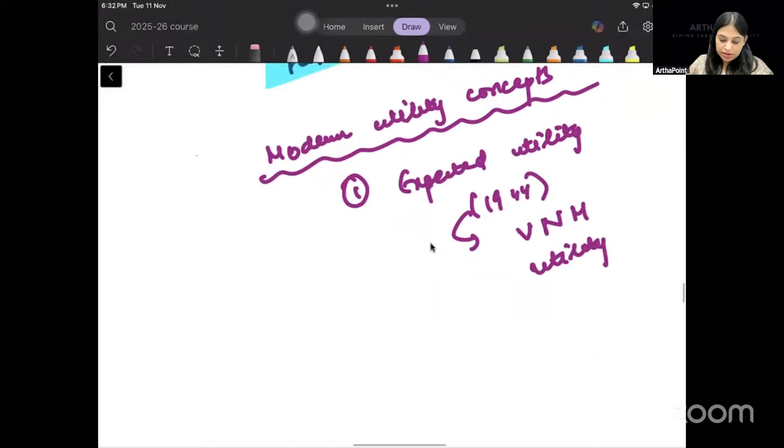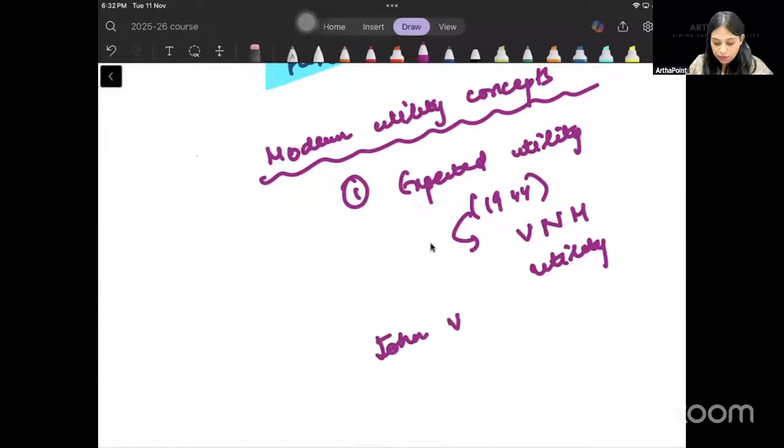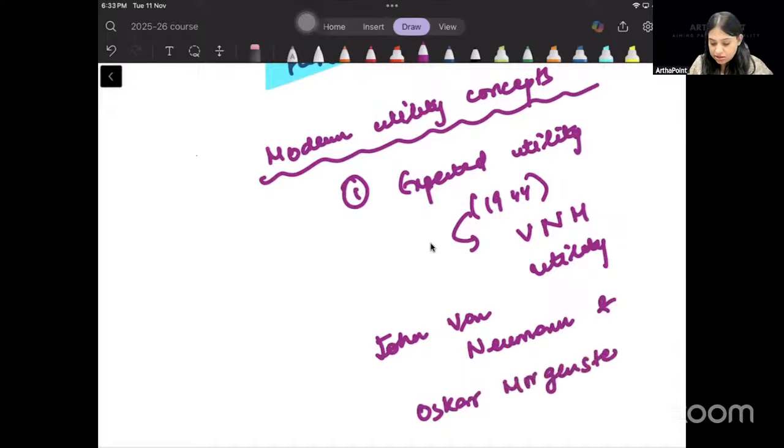So two people, एक हैं John Von, please write the spelling correctly, Neumann, और दूसरे हैं Oscar Morgenstern. ठीक है, they introduced ये जो भी uncertainty के under हम expected utility functions पढ़ते हैं, it was introduced by them. And actually if you look into books, हम उनको बोलते भी VNM utility function. Yes yes, cardinal is always before ordinal. ठीक है, so this is the first thing that happened.